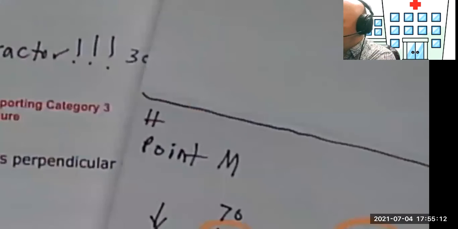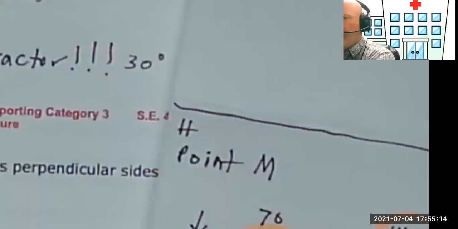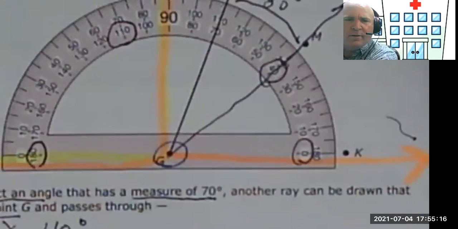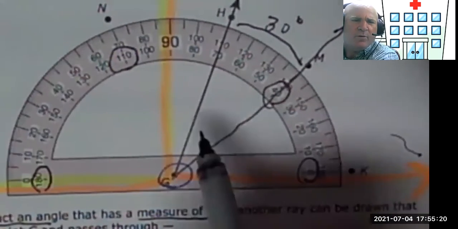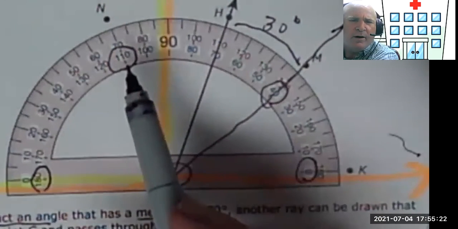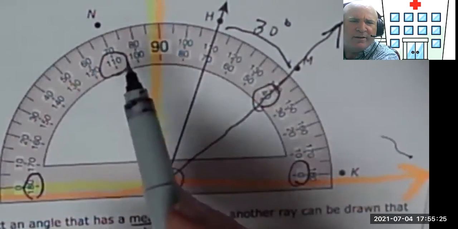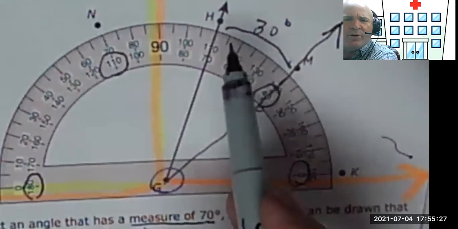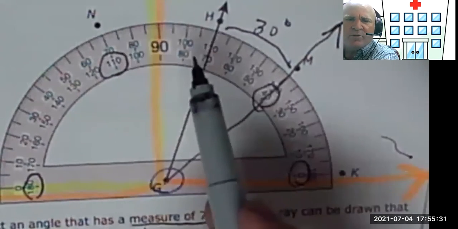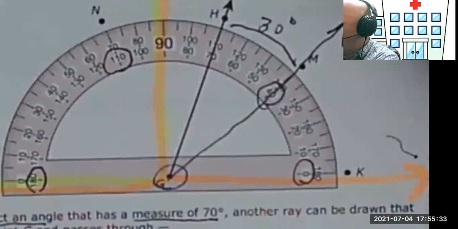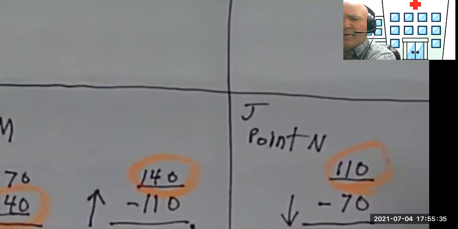Oh yeah, if you look at it, point N has a 110 on the bottom and a 70 on the top, and the one that we're using has the 70 on the bottom and the 110 on the top. So it just reverses the numbers, and so that could have been a distractor for a lot of kids.